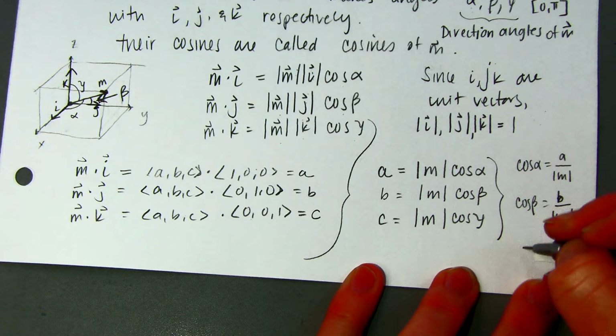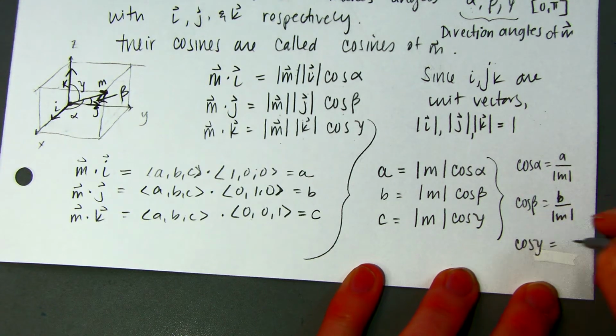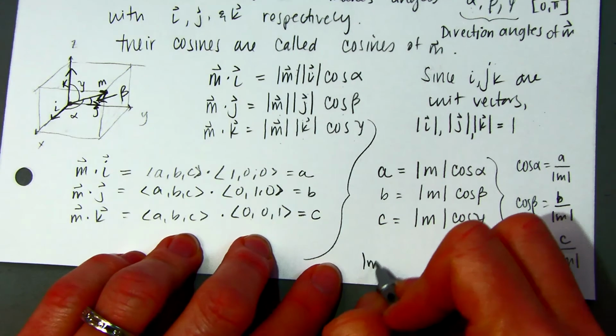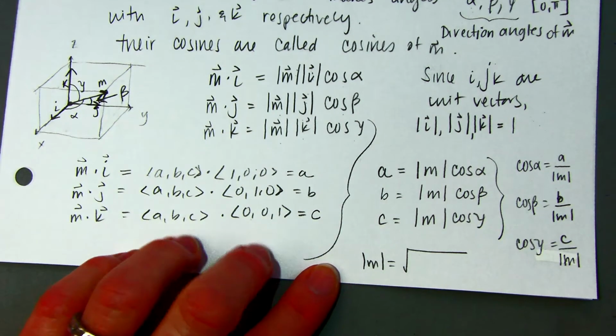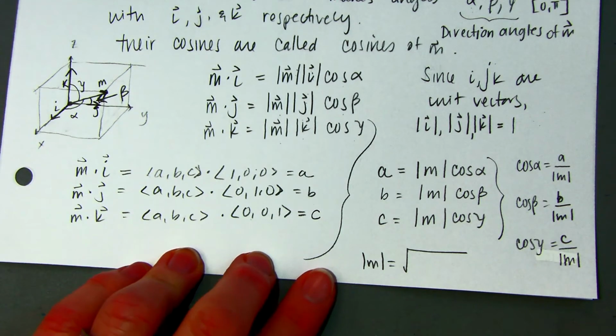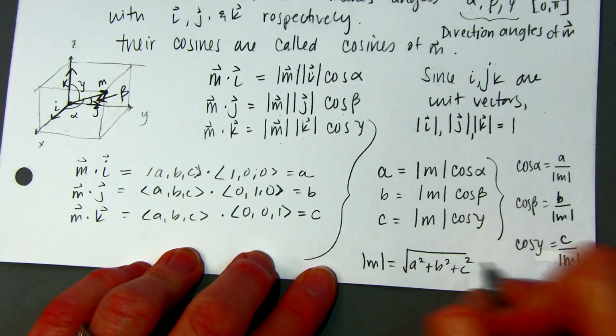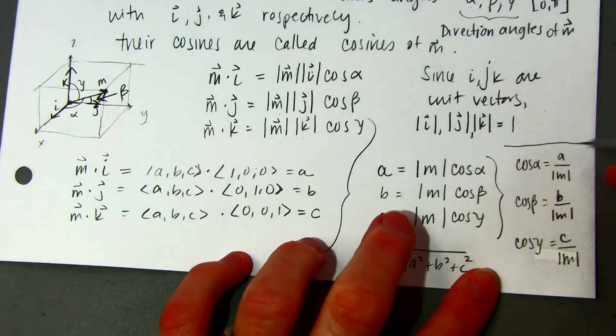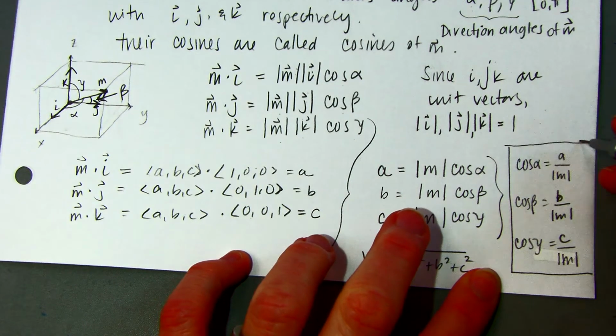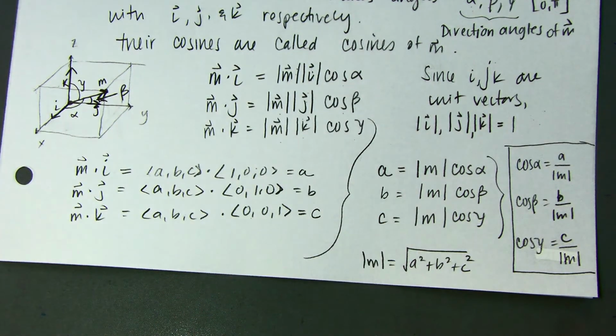And cosine gamma is going to be C over the magnitude of m. And how do you find the magnitude of m? A squared plus B squared plus C squared. These are what we call the direction cosines of m. And if you want to solve for the direction angles, you take the inverse cosines.